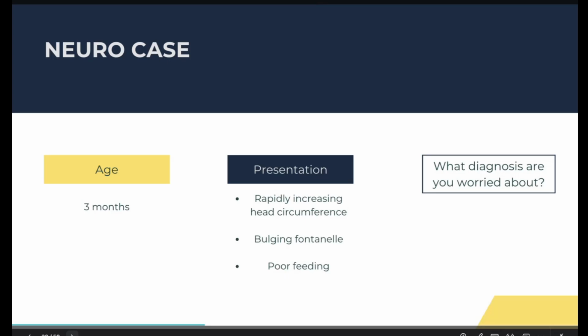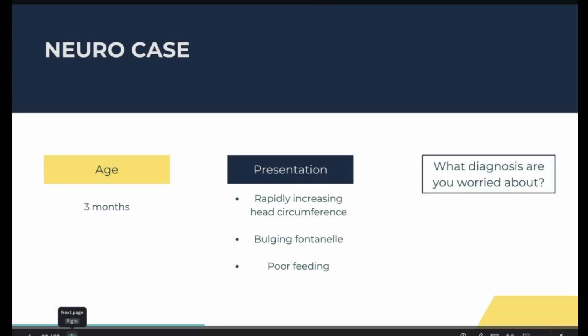However, with the rapidly increasing head circumference, we're more likely thinking about hydrocephalus. And encephalitis with swelling, I believe that's a good differential as well, but maybe hydrocephalus is more likely if you have an increase in head circumference. But Dr. Ajalogba, please correct me if that's not right.